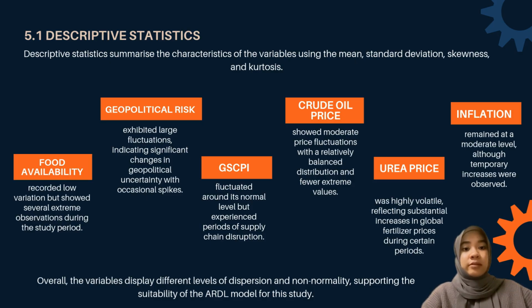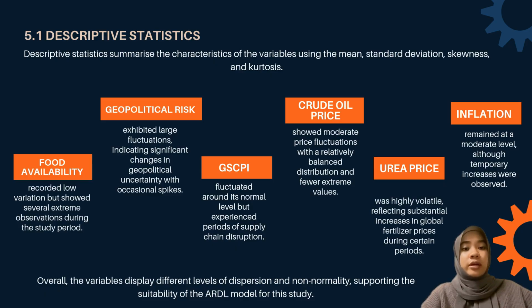For geopolitical risk, the findings show significant fluctuations over time, suggesting that geopolitical uncertainty was unstable and occasionally experienced sharp spikes. The Global Supply Chain Pressure Index, or GSCPI, fluctuated around its normal level, but there were periods of severe supply chain disruptions that affected global trade.